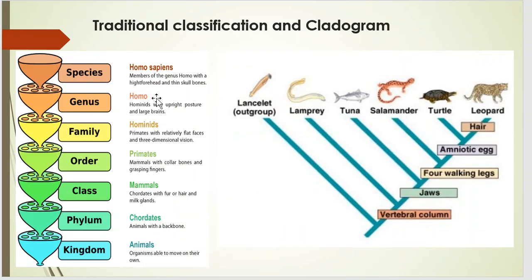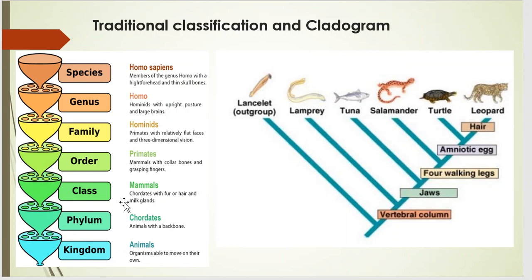Now we're going to move on to the classification system. Organisms are classified in two ways. One is the traditional method of classification. Another one is the modern method of classification. In the modern method, we use the evolutionary relationship, so we'll come back to that. And you can see the traditional classification.